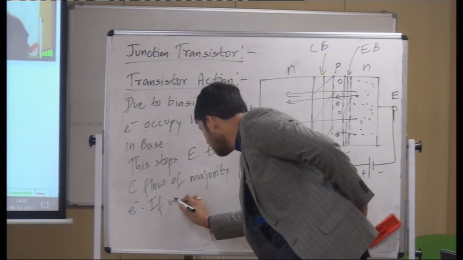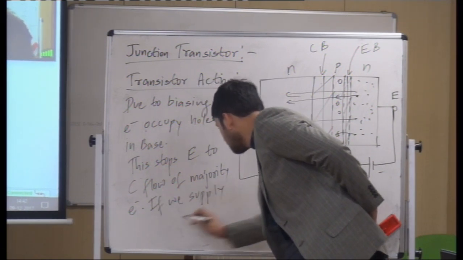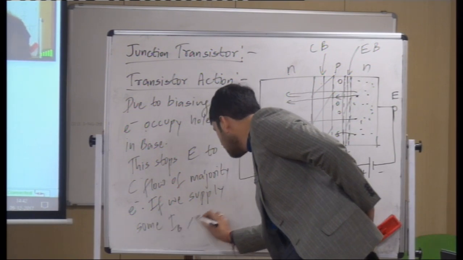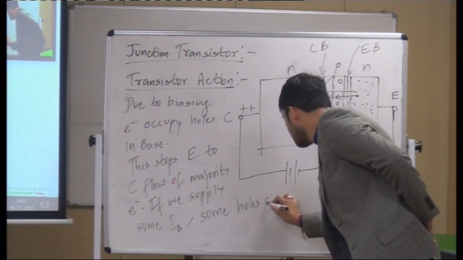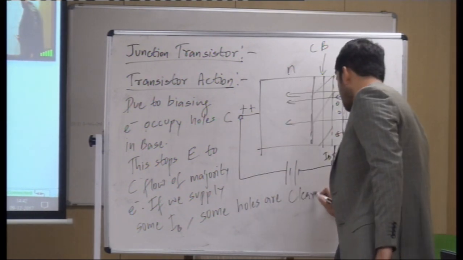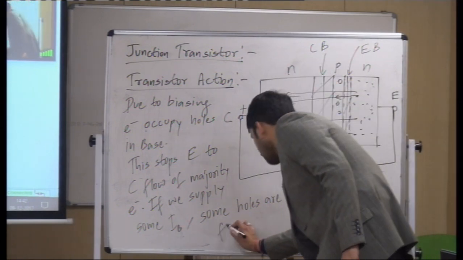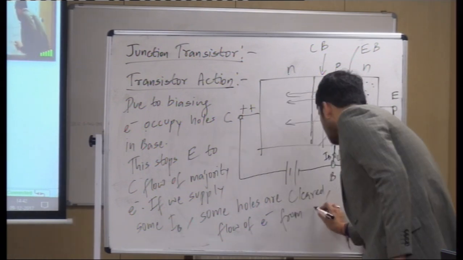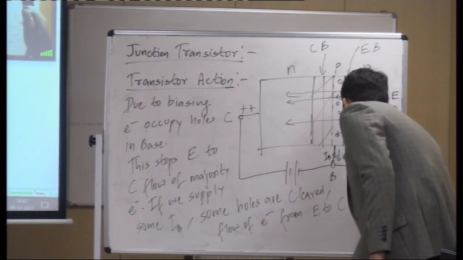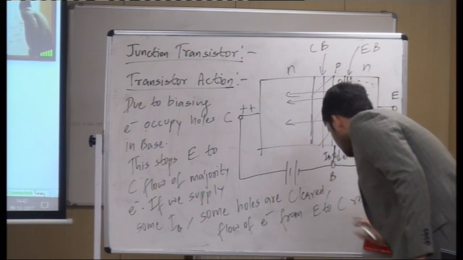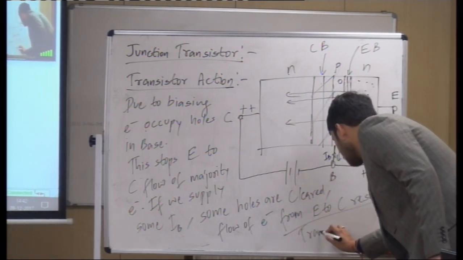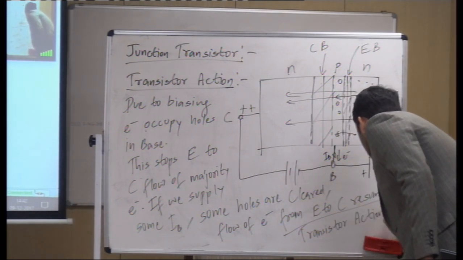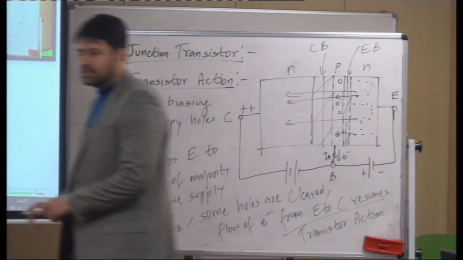If we supply some IB, some holes are cleared, flow of electrons from E to C resumes. Okay, this all is transistor action. I have written in short form.